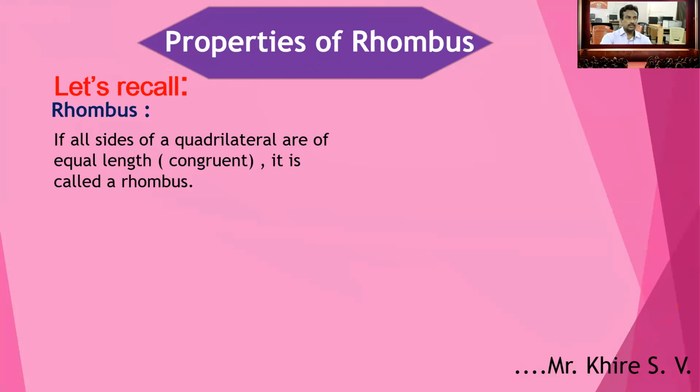Definition of rhombus: if all sides of a quadrilateral are of equal length or congruent, then it is called a rhombus.